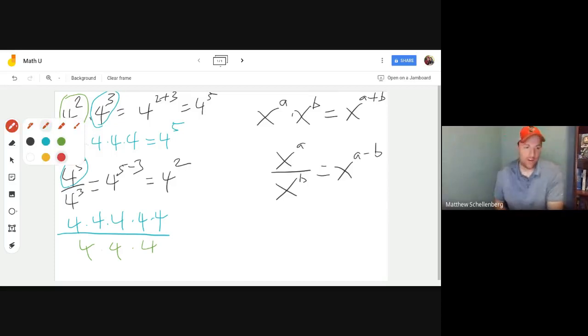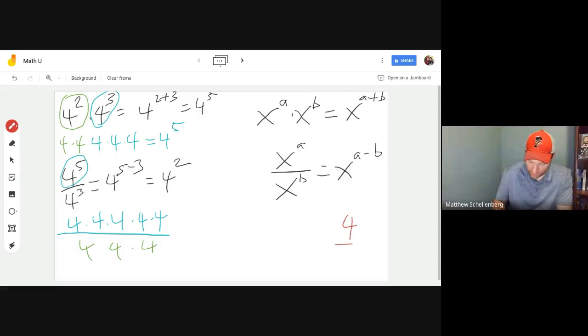And so now, because 4 over 4 equals 1, in fact any number divided by itself is 1, that means if I have a 4 over 4, it just becomes 1, which when you multiply goes away. It's insignificant. And so that happens again and again. And look what we're left with. We're just left with 4 times 4, otherwise known as 4 squared.